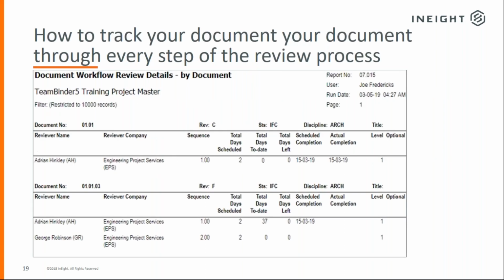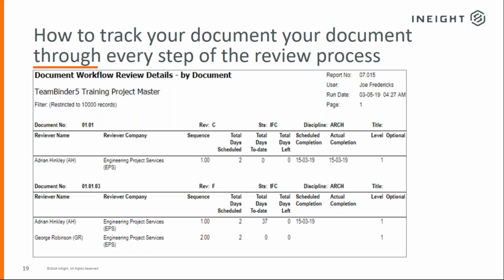At the back end of things, just to ensure one of the key differences, like I said at the beginning, is that you have visibility of what happened with your review process. There are actual reports that can be run within the system to ensure that you can see where a drawing or a document has gotten up to with its review.